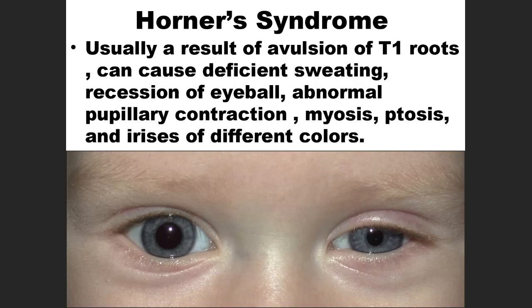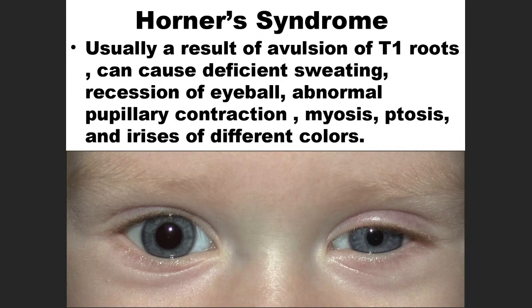And whenever there is involvement of the T1 nerve root, it leads to a syndrome called Horner's syndrome. Usually, if you see the eyes, this one is normal and this one is abnormal. It is usually the result of avulsion of the T1 nerve root, which can cause deficient sweating. The eyeball will be retracted behind.